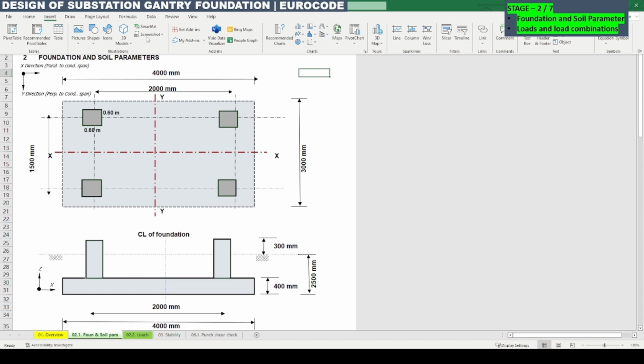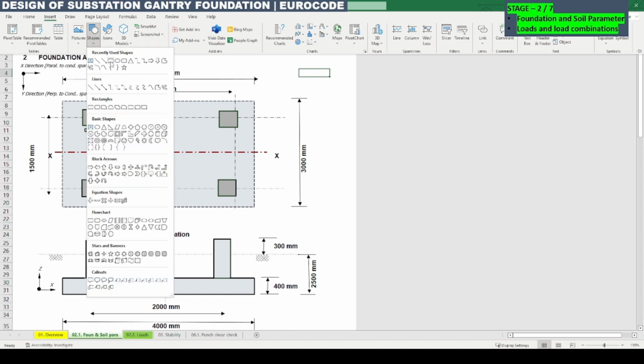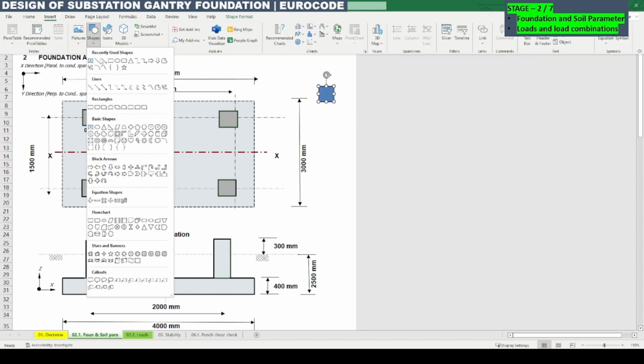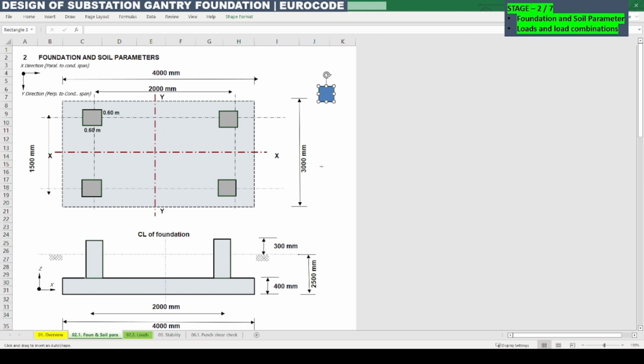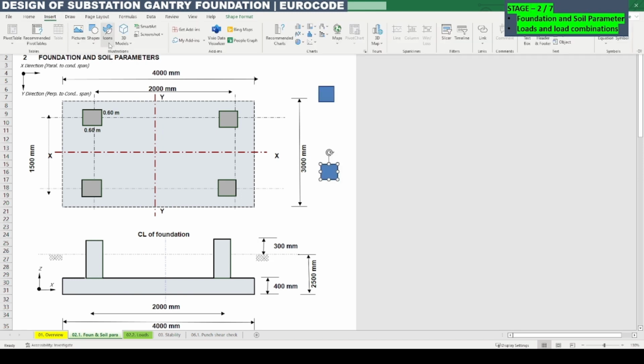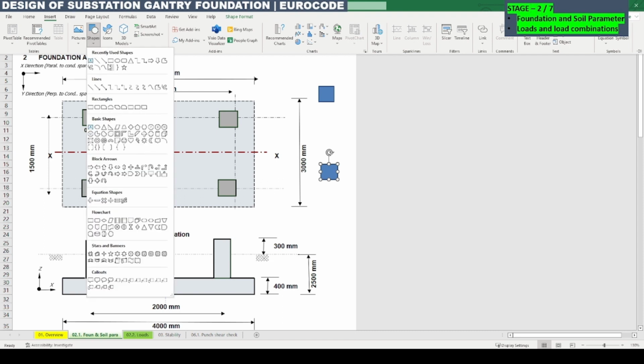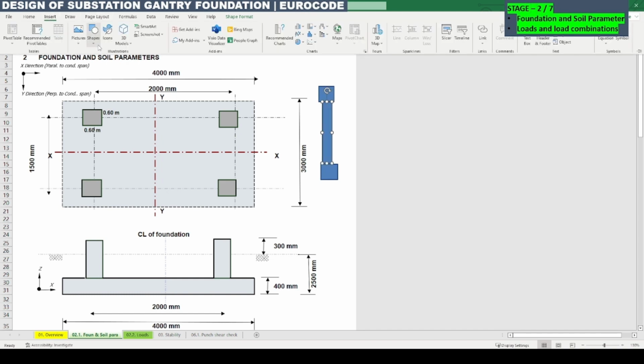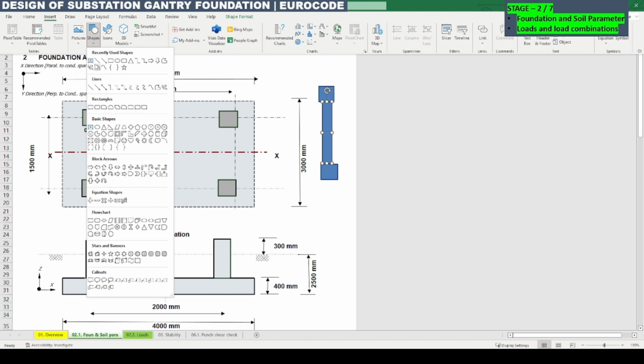It means if the tower is located here, one more tower should be located just below, which is to be connected with the girder as shown on the screen. And the conductor will run along this direction.